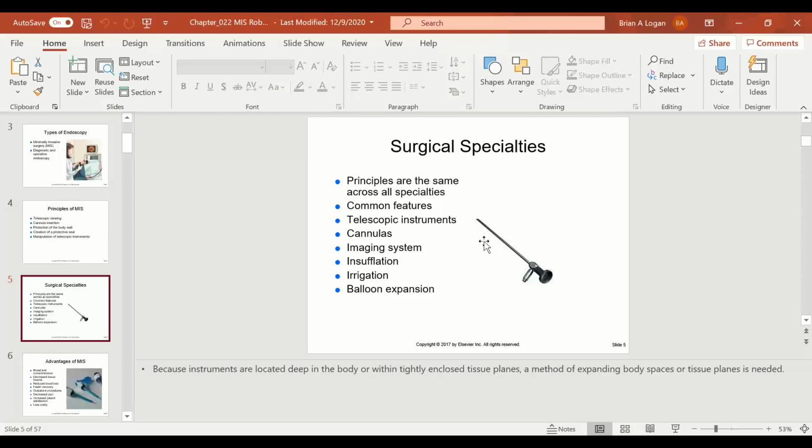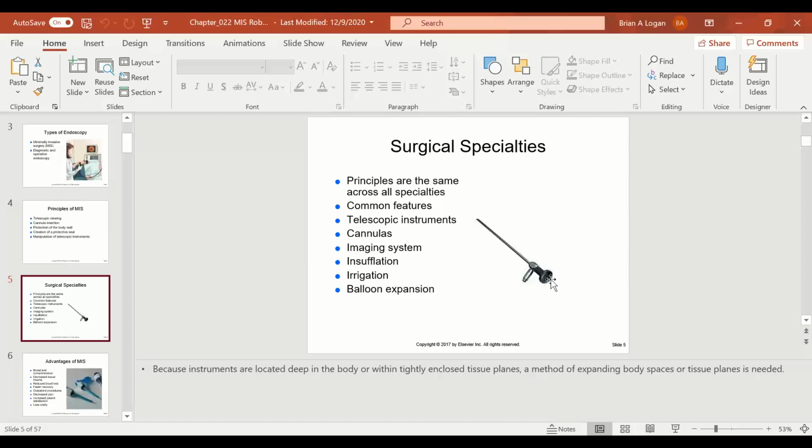But we do minimally invasive surgeries across many different specialties. Ortho, neuro, urology, vascular, general surgery. Heart does some things using the minimally invasive techniques, but the principles are the same.